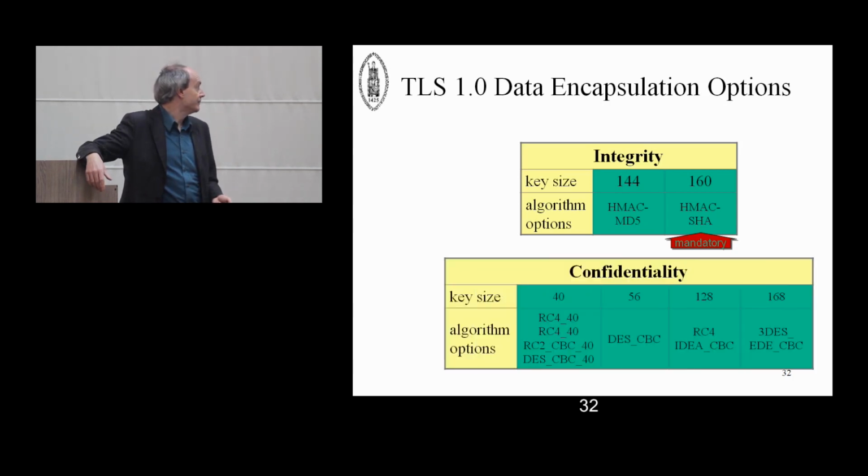Okay, so for confidentiality, historically the choice was DES-CBC. Today it's triple DES-CBC, but there is still legacy, which is RC4, with 40-bit keys and 128-bit keys. Okay, and then there is also an old algorithm, RC2, the IDEA block cipher, which is still allowed.